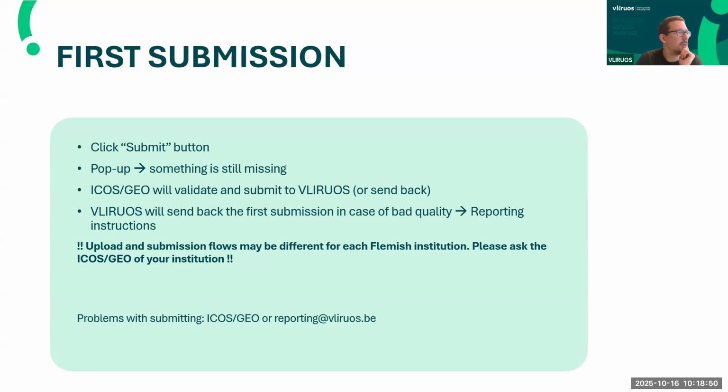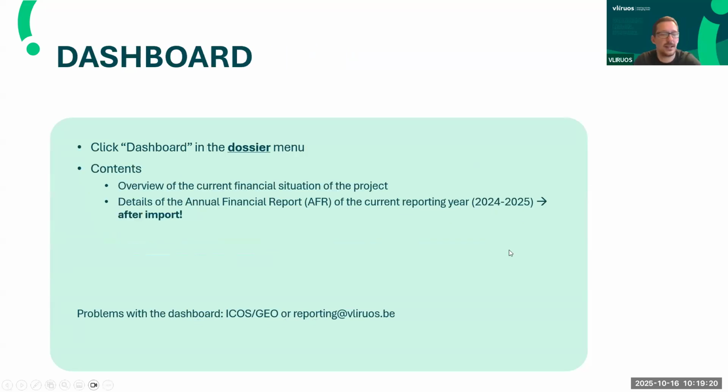Depending on the Flemish institution's policy or agreement with you as the promoter, it might differ. Normally, the general flow would be: the Flemish promoter submits to ECOS and Geo, they submit through to us. Sometimes the agreement is that ECOS and Geo do both steps, and they upload or import themselves. Please ask the ECOS and Geo of your institution, because we have no knowledge of which agreement exists.